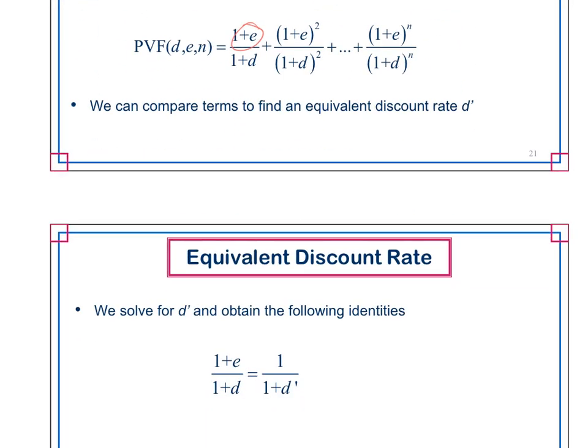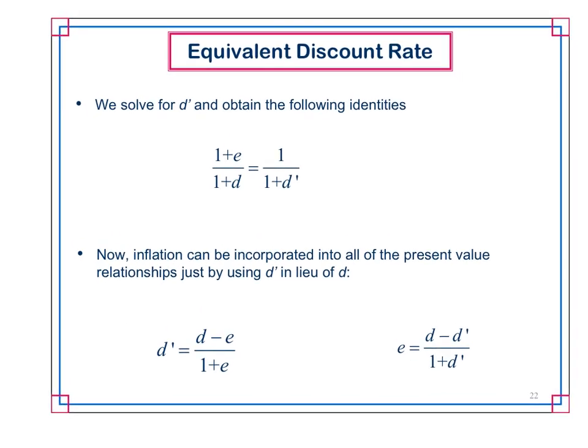So we do a little bit of fancy-dancy math. Instead of calling it D now, we're going to update our discount rate to include the effect of inflation, and we're going to denote it D prime. And so our (1 plus E) over (1 plus D) is going to be equivalent to 1 over (1 plus D prime), and we're going to solve that for our modified discount rate.